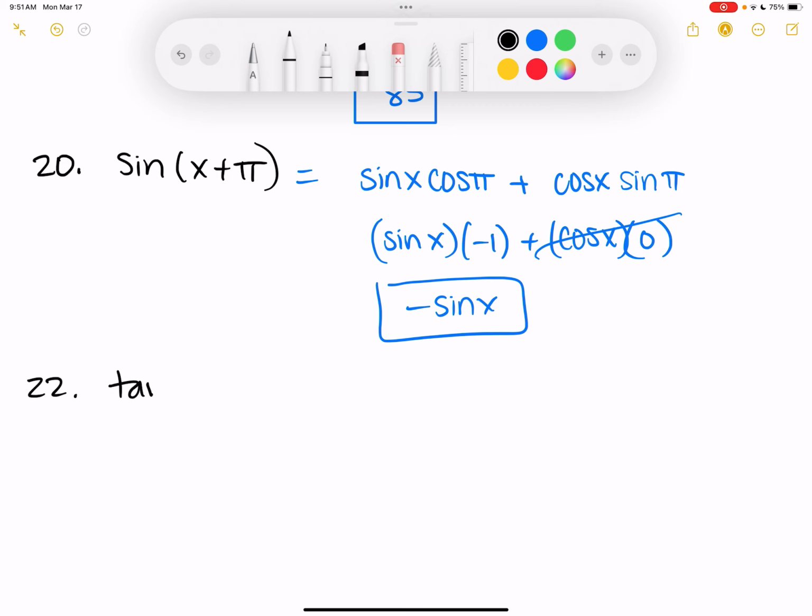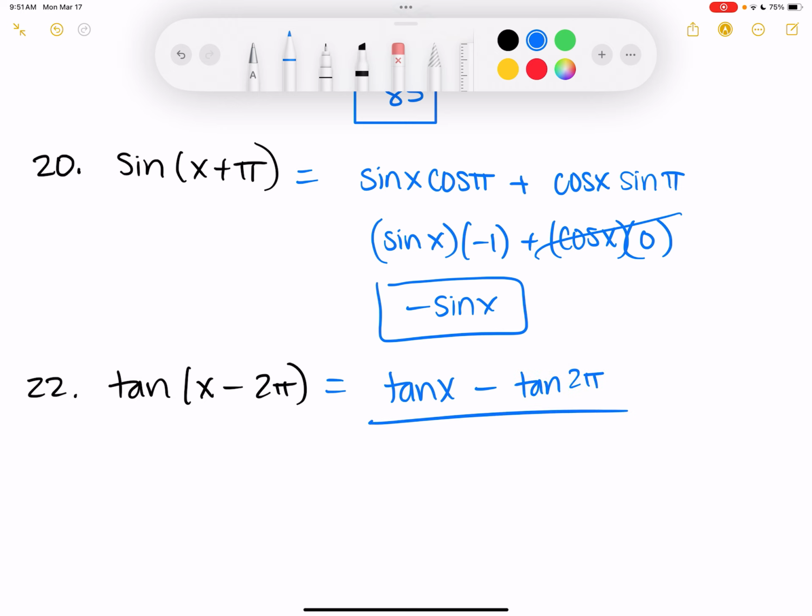All right, 22. Tangent of x minus 2 pi. So I've got tangent x, same sign, minus tangent of 2 pi over 1, opposite sign, plus tangent of x, tangent of 2 pi. What is the tangent of 2 pi?